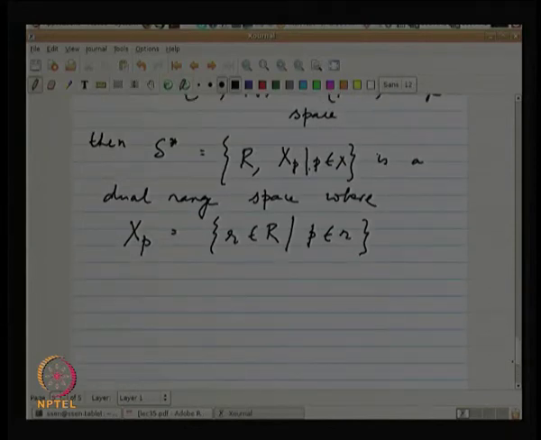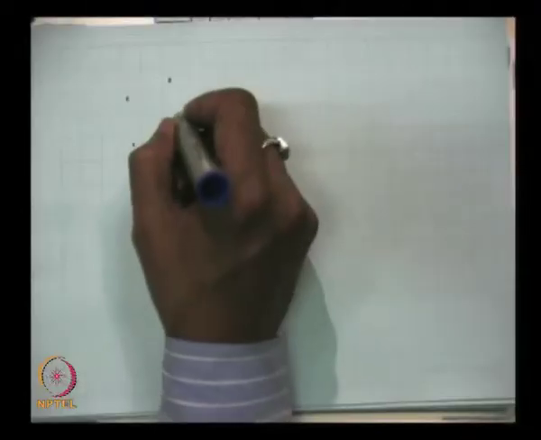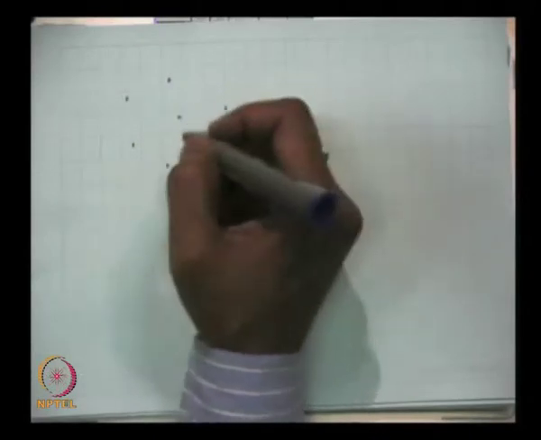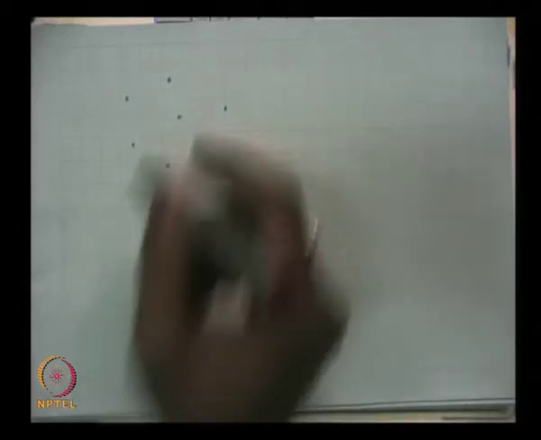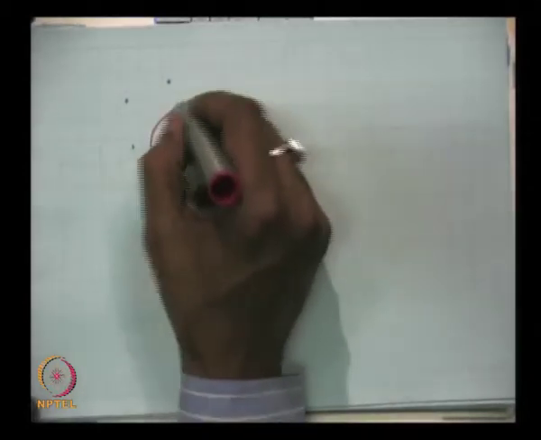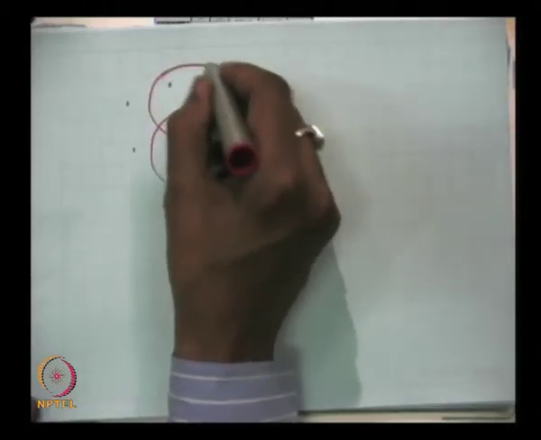Let me illustrate that with an example. So, we have some points and these are my ranges. Suppose I am just drawing these ranges like this.